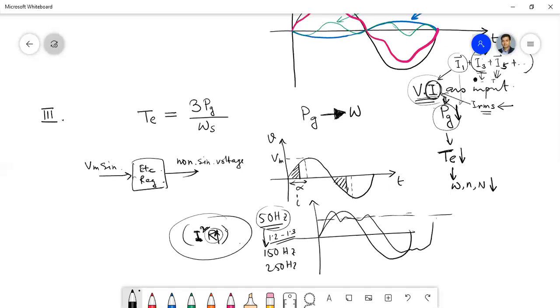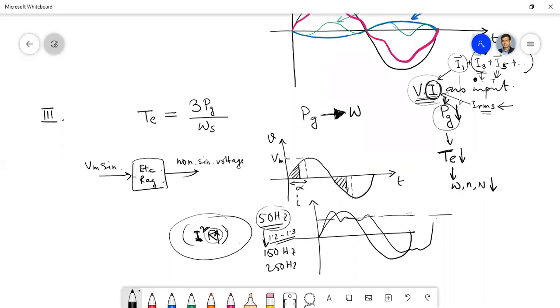Now, whenever you design a machine, if you know that it will be applied with power electronic drives, because most induction motors nowadays are used with variable frequency drives, power electronic drives. Drives you will study in the 4th year.